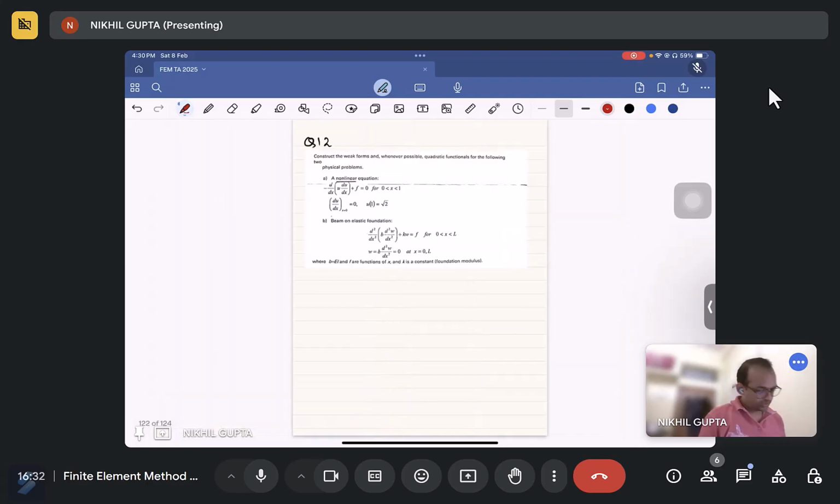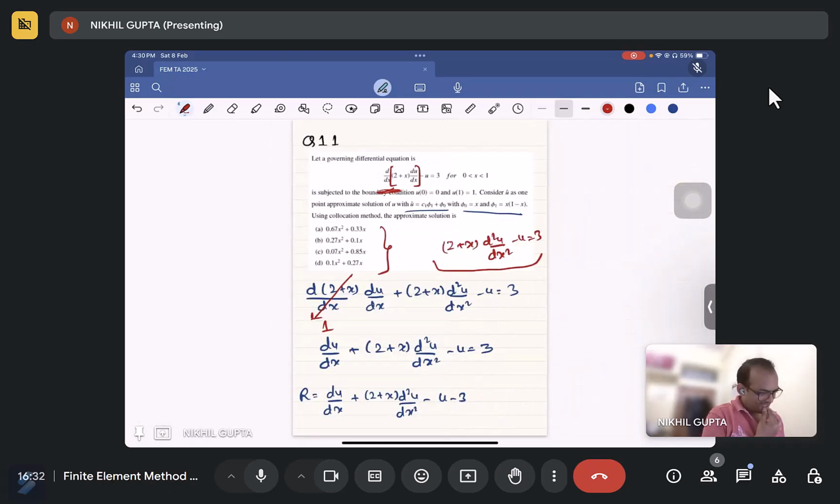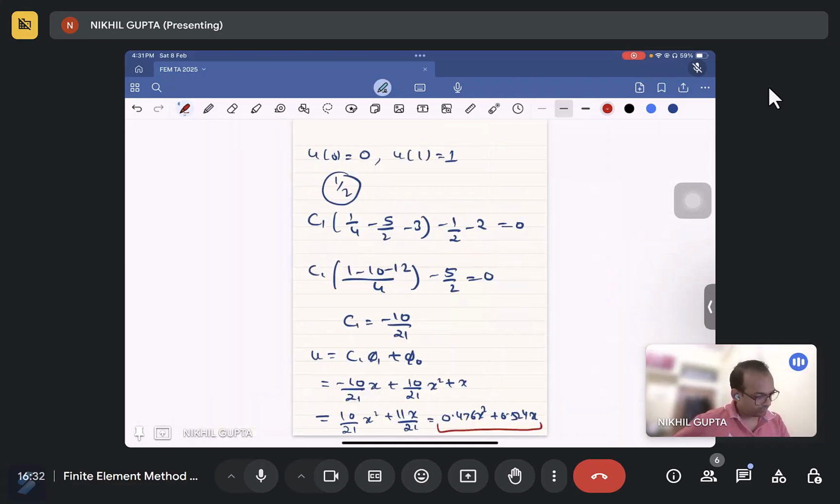Okay, Sir, I have one question here. We used the collocation point as 1 by 2. Why have we used this? The collocation point is not given. So if it is not given, we are saying that at 0 it is defined, at 1 it is defined, so it's best just to take the middle point and solve it. But how do we know that the residual should be 0 there? We can't say that. We are assuming that the midpoint is the safest point.